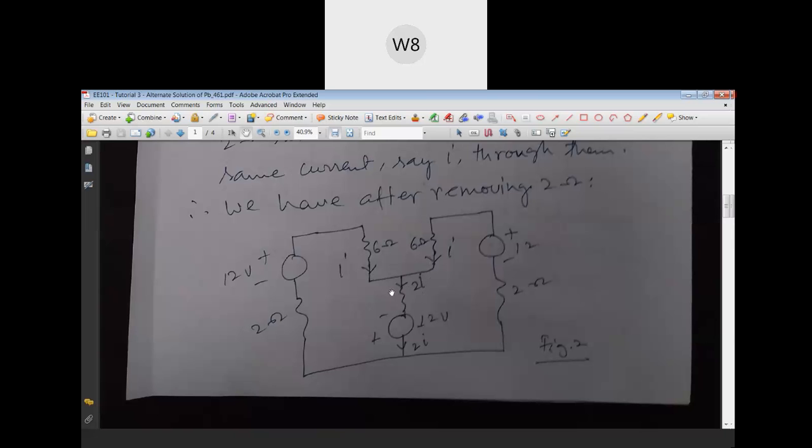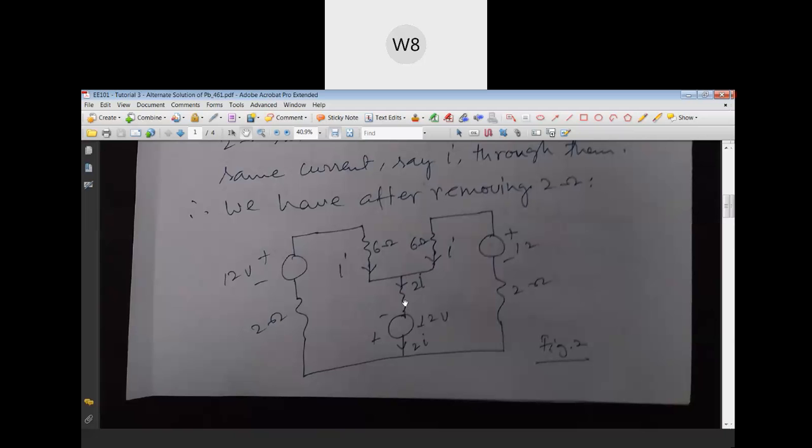So the net voltage drop across this 6 ohm is 6 into 2I, that means 12I. When we modify this 6 ohm, we have to ensure that the net resistance through this path is 6 ohm, the net current flowing is 2I, and the net voltage is 12I.